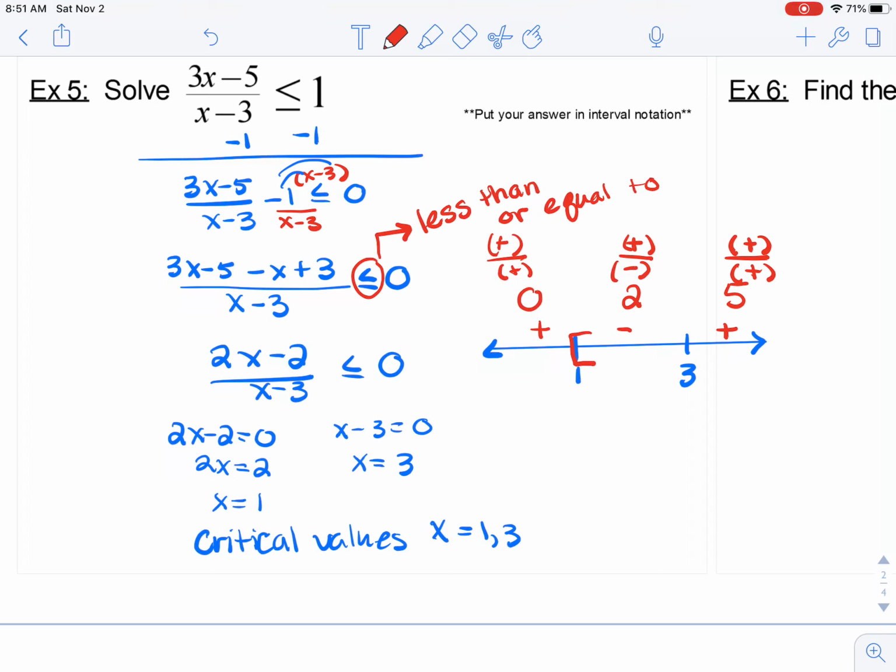So that means this middle interval from 1 to 3. But then you have to stop and think. Can 3 be a bracket? Can it be included, or would it be a parenthesis? Well, in this case, it would be a parenthesis because notice 3 is in the denominator. If you plug that in, you're dividing by 0, which is not allowed. So your final answer would be a bracket with 1 and a parenthesis with 3, and that would be it.